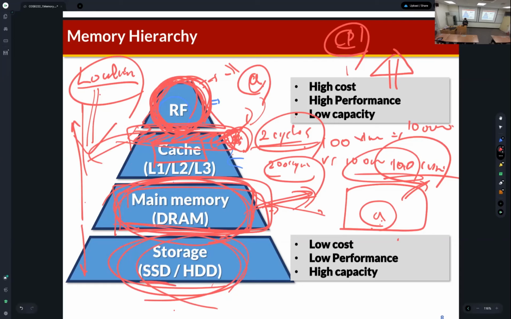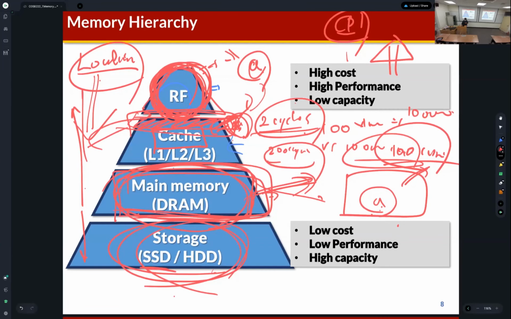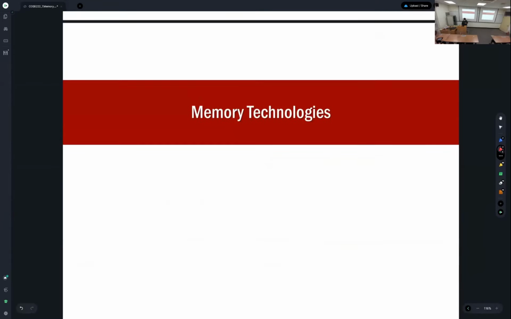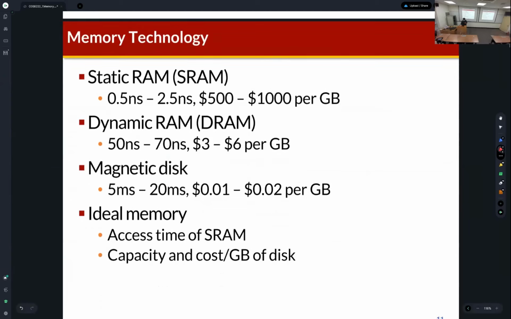So we can also store our data in the SSD or hard disk drive. But different memory levels use different memory technology. So I will briefly explain the different memory technologies we use in our computer system.